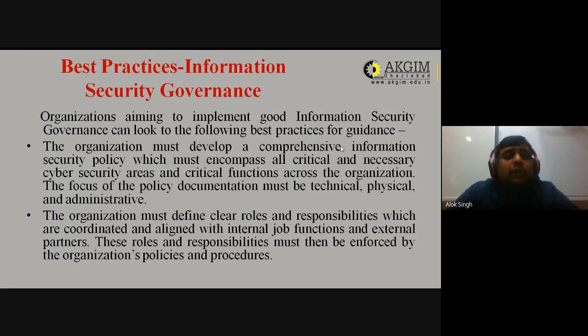Okay, the organization must define clear roles and responsibilities which are coordinated and aligned with internal job functions and external partners. Okay, so these roles and responsibilities must then be enforced by the organization's policies and procedures. It means you should assign proper roles and responsibilities, or make some person accountable, such as your IT staff, to deal with such type of incidents.